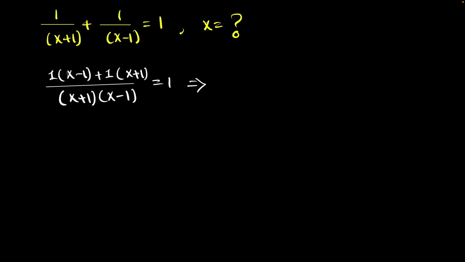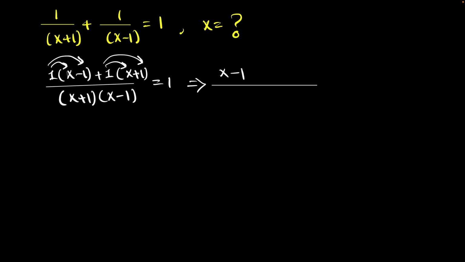Let's distribute this 1 on x minus 1 and also distribute this 1 on x plus 1. So 1 times x is x, 1 times minus 1 is minus 1.